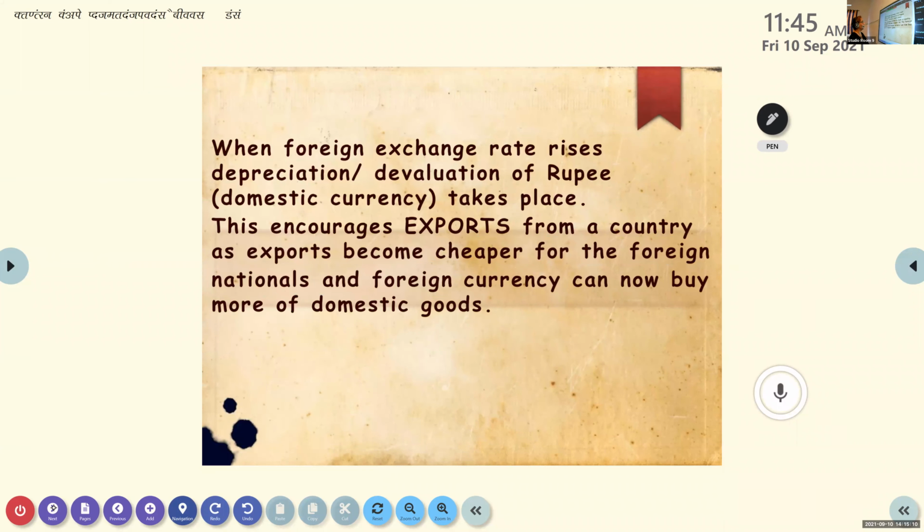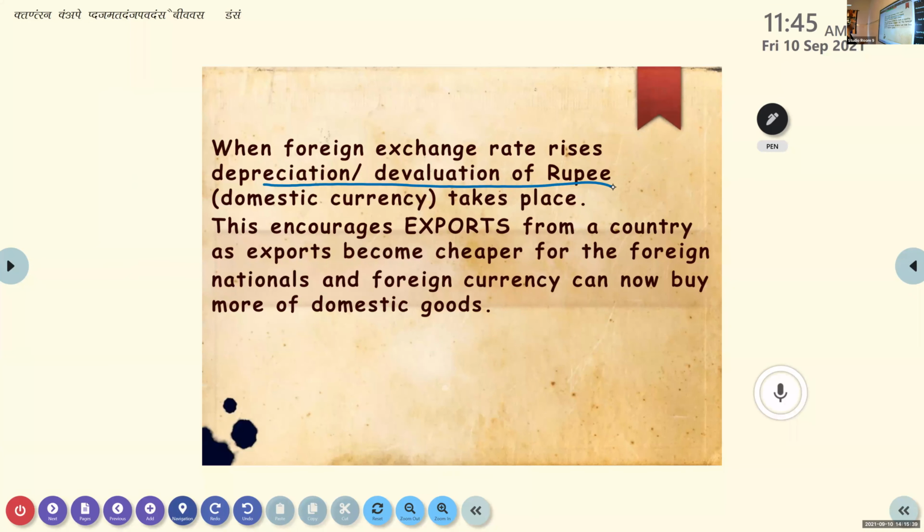It's mainly to increase exports from our country. So whenever the foreign exchange rate rises, and any foreign currency's price rises, it can be depreciation or devaluation: depreciation because of market forces, devaluation because of the government.